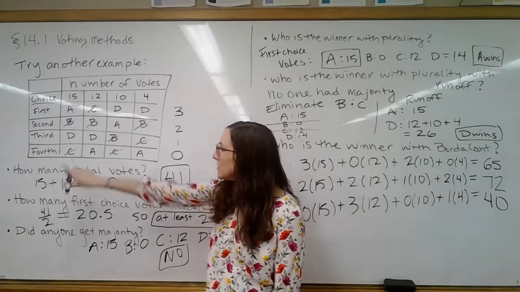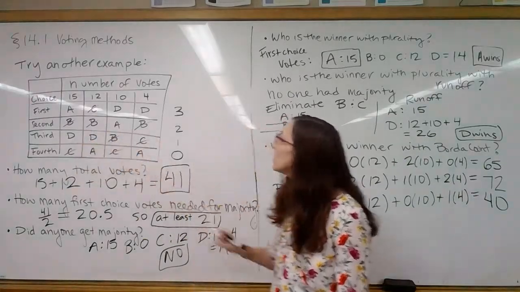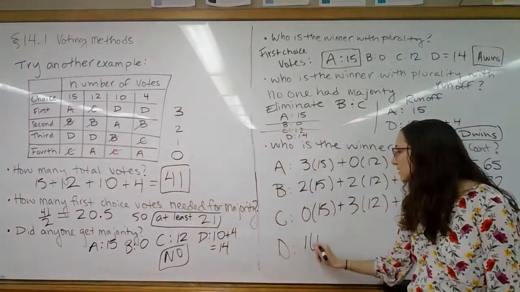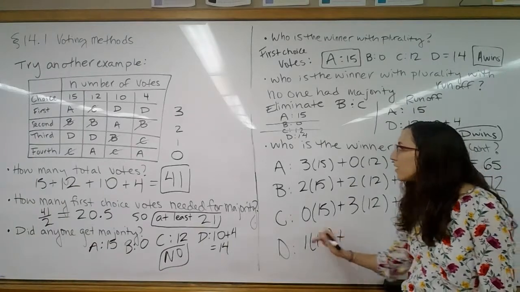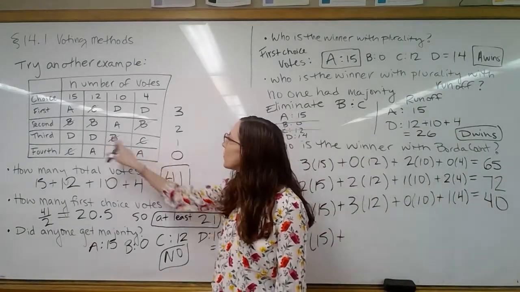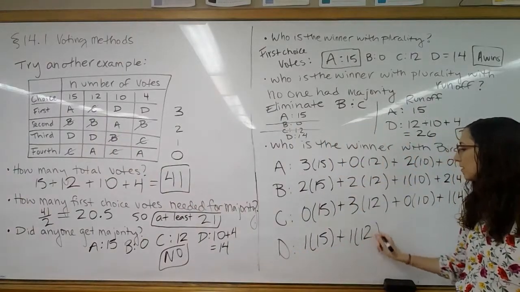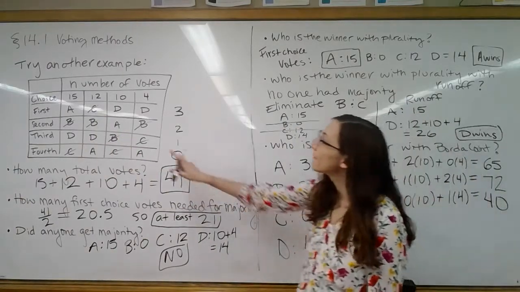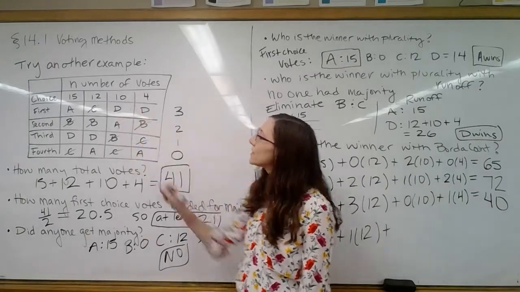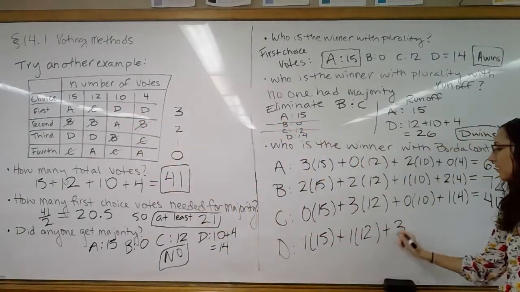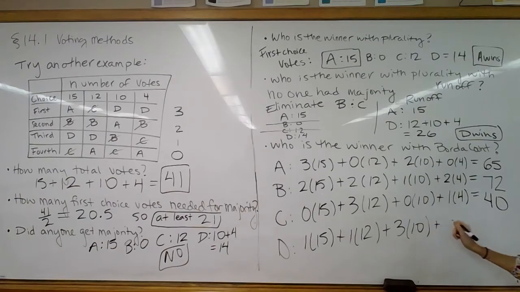And then let's do D. So D is third choice, so 1 point times 15. Third choice again is 1 point times 12. Then their first choice, so 3 points times 10. And in the last one, they're also first choice, which is 3 points times 4.